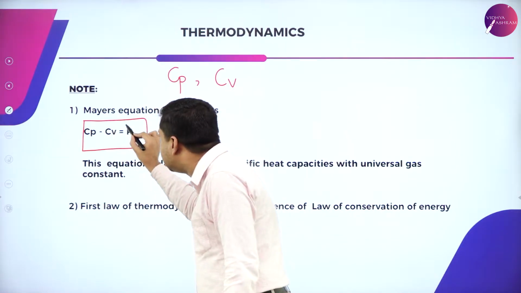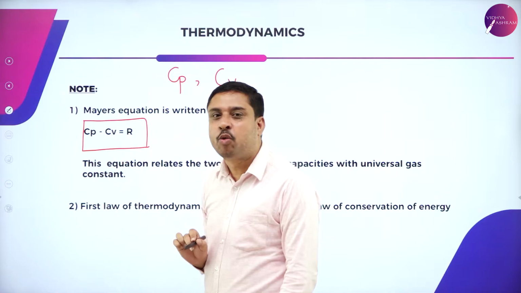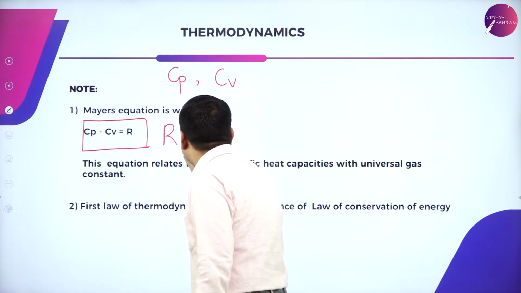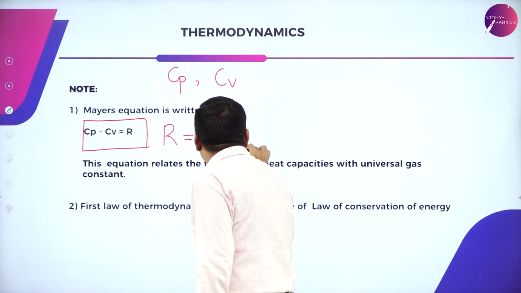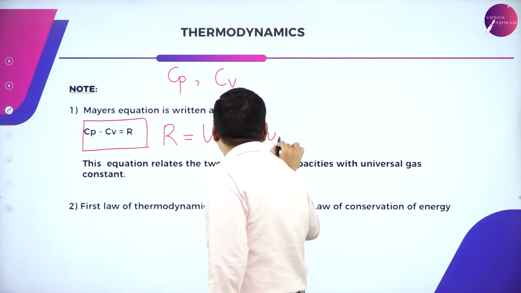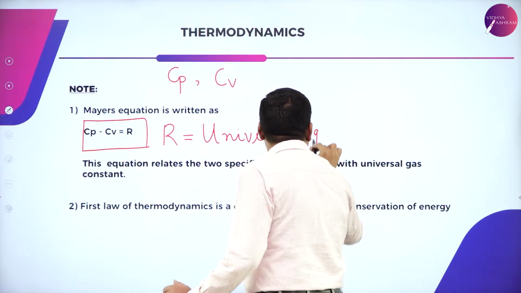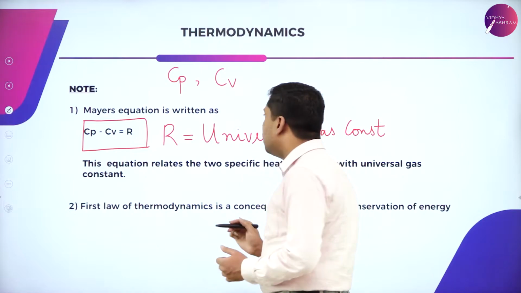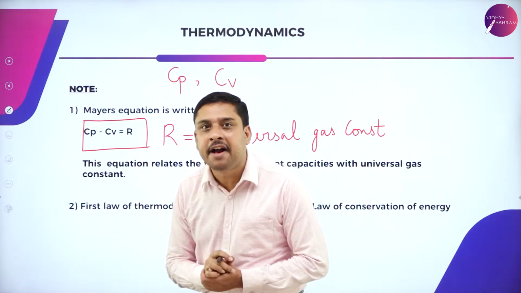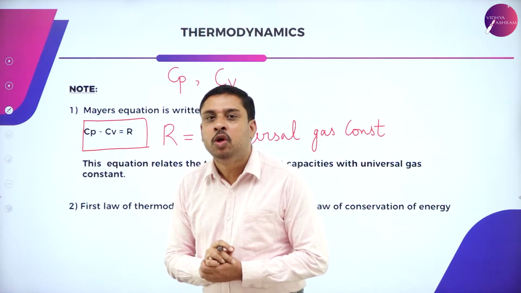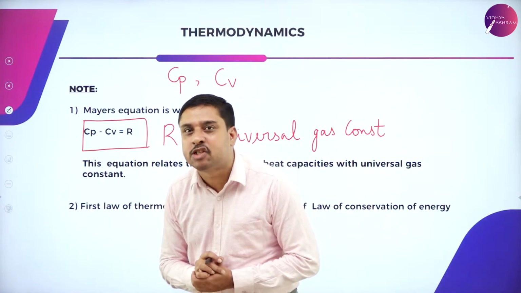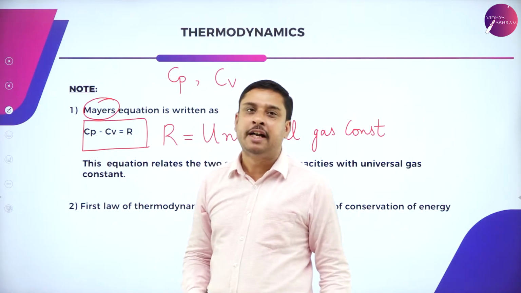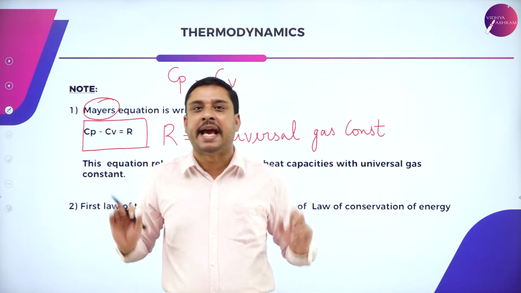Cp minus Cv is equal to R, where R is a constant which is called universal gas constant. So the constant R is called universal gas constant, and this expression is called Mayer's equation.